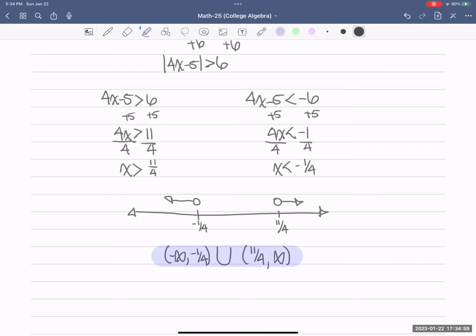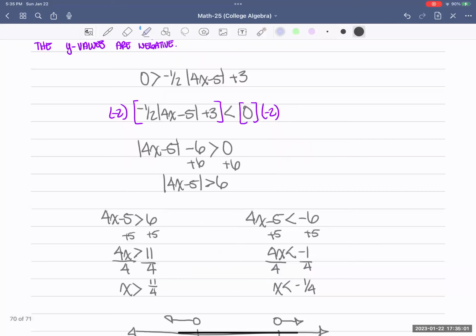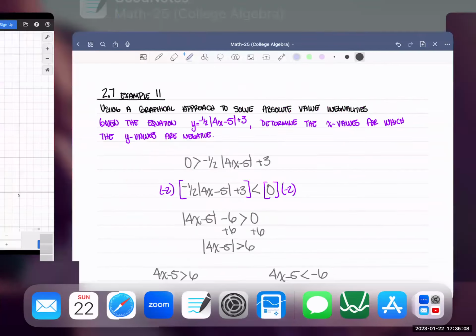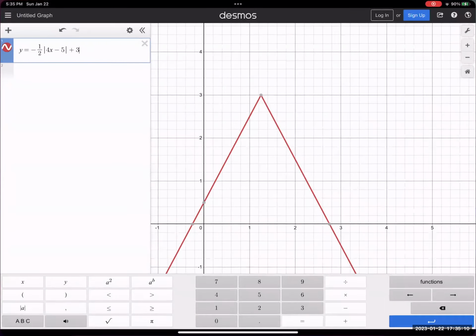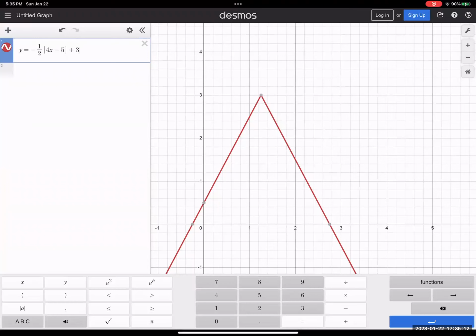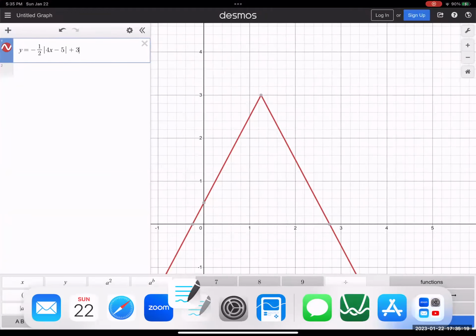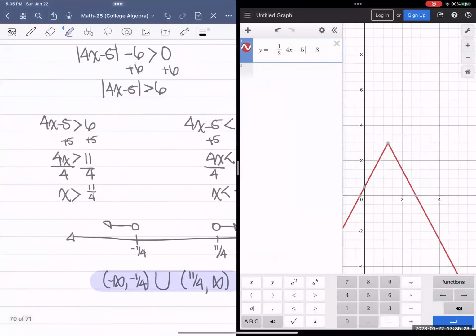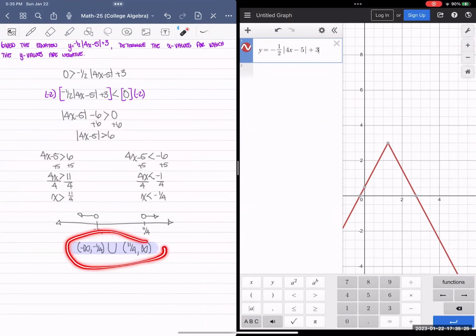All right, but they did mention the graphical approach. So graphical approach, let's graph this. And here we go. This is our graph. So we mentioned negative infinity up to negative 1/4.